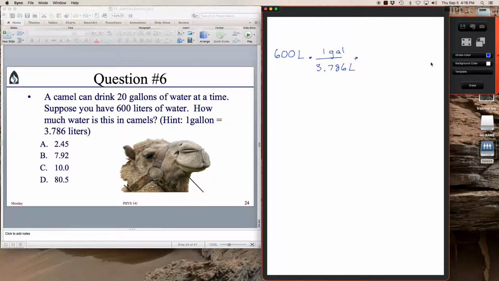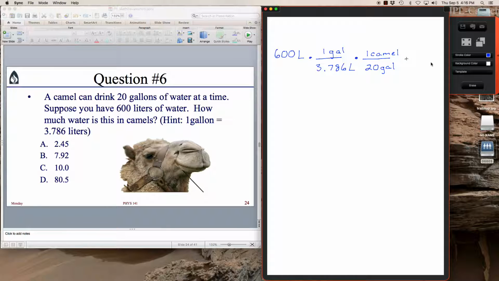Then I have an additional fact that will allow me to go from gallons into camels. So I have 20 gallons that will fit inside 1 camel.